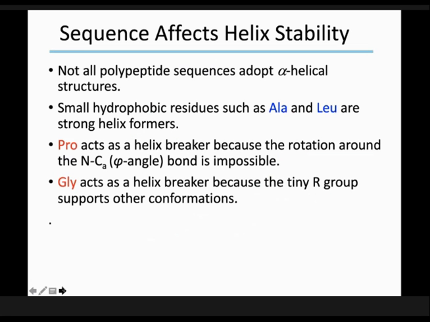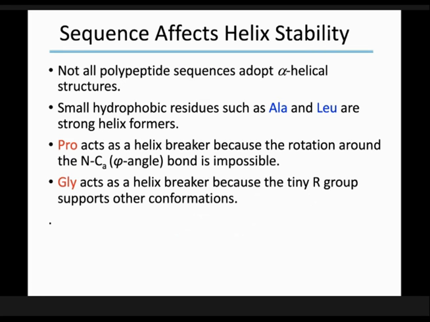Here it's just showing that some amino acids will be predominant in the alpha helix. I'm not going to ask you exactly what the amino acids present in alpha helix are, but it's just for your knowledge. Some of them are more predominant than the others.